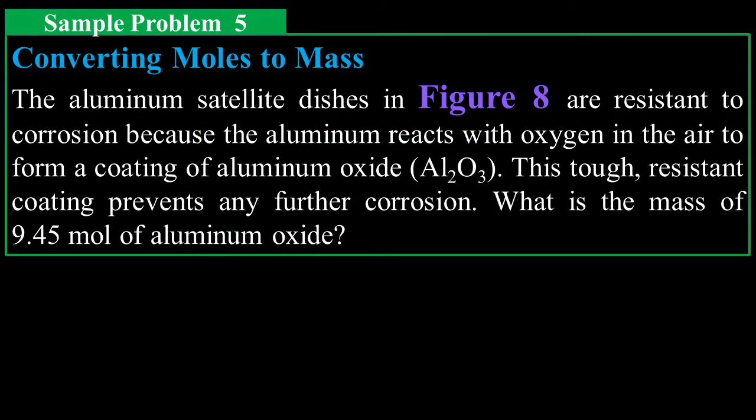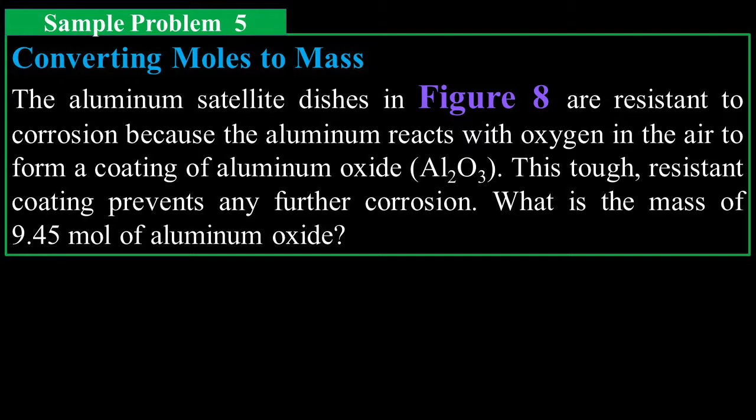It says the aluminum satellite dishes in figure 8, you'd have to look for figure 8, are resistant to corrosion because the aluminum reacts with oxygen in the air to form a coating of aluminum oxide. This tough resistant coating prevents any further corrosion. Remember those satellite dishes in New Mexico, those monstrous dinosaurs?